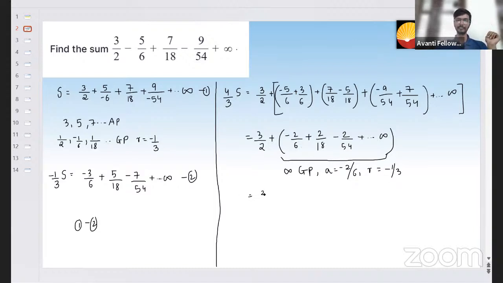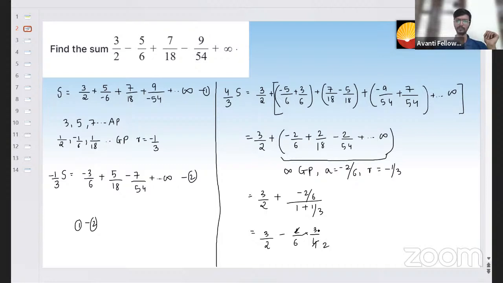So what is the sum of an infinite GP? It is A upon 1 minus R, so minus 2 by 6 upon 1 minus R. So what did I get, guys? 3 by 2 minus 2 by 6 into 3 by 4. Now the 4 by 3 comes over and will be cross multiplied.